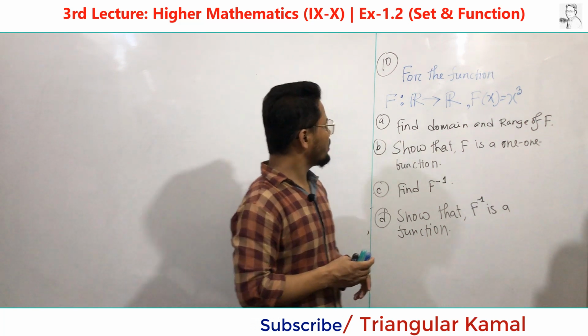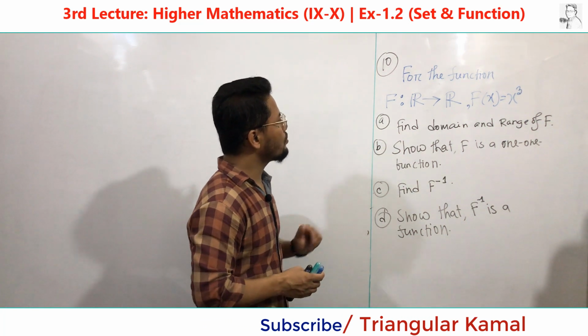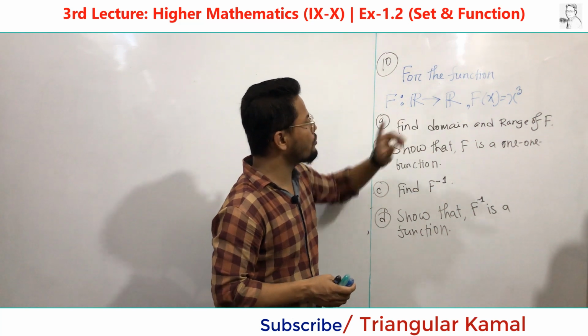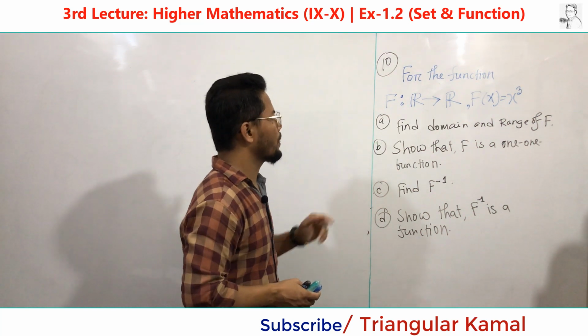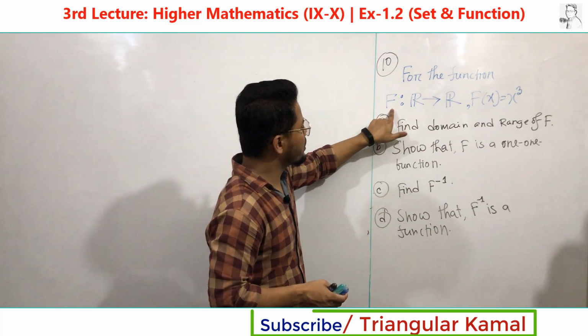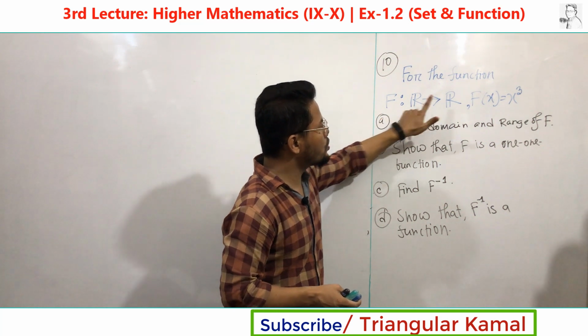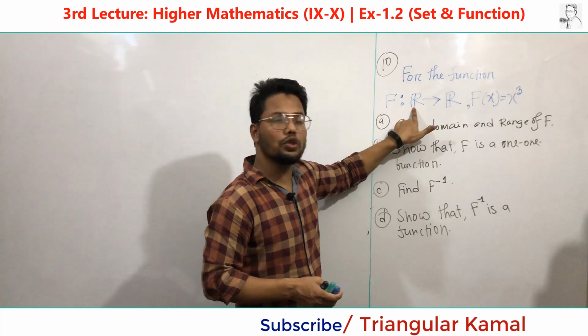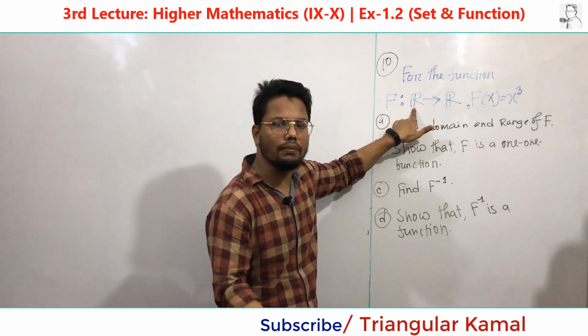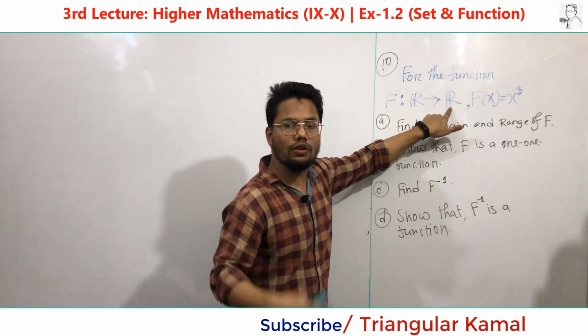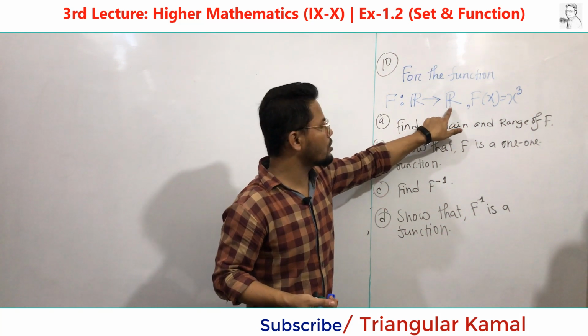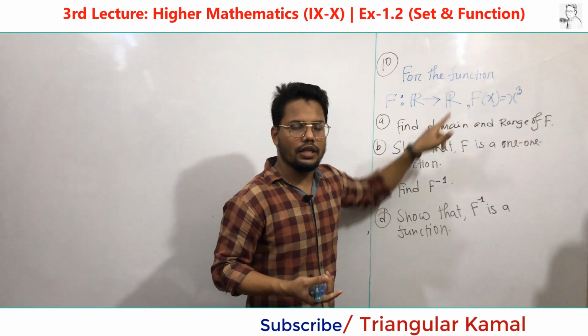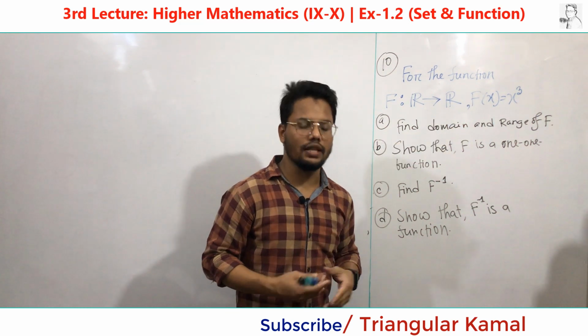Okay, first one, and you have to know what is the information of the function given now. The function is given here R to R, and this R is called domain, all real numbers, and this R is called codomain, and codomain is also all real numbers. And first of all you have to know what is a real number.